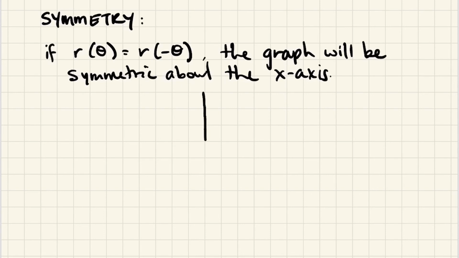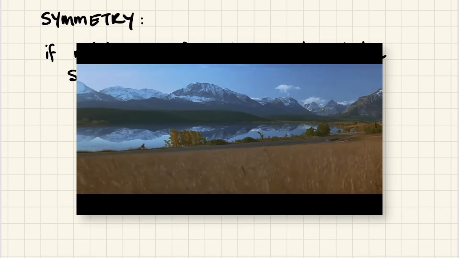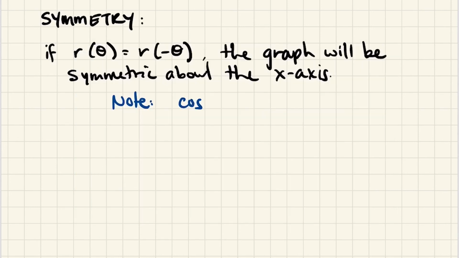Okay, and if you think of the visualization there, that's because if your r of theta is equal to r of negative theta, that means whatever happens this way will be matched this way. Okay, so you're going to get a reflection over the x-axis. So I want you to note that cosine of theta does satisfy this identity in general. So if you have a function consisting of cosine of theta or other stuff with a cosine of theta and no sines or anything, just cosine, then it will be symmetric about the x-axis because of this property.